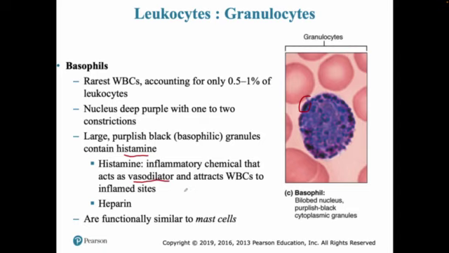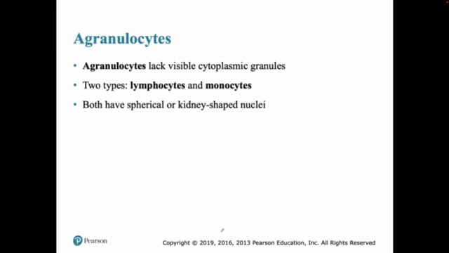For example, we do not want blood to clot within our heart vessels, so heparin will be produced in those areas so that blood does not clot in those vessels. That is also produced by basophils, and their function is similar to mast cells. We'll talk about mast cells in the immune system chapter. All right, so these are the two main functions of basophils.